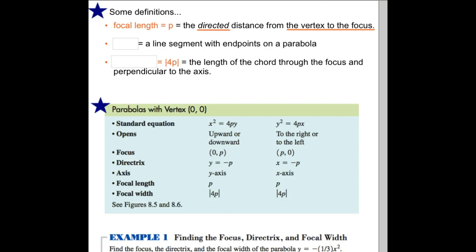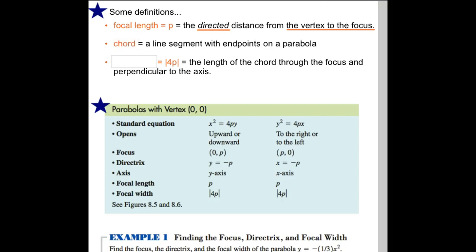It's directed because you have to know, am I moving in a positive direction? Am I moving in a negative direction? Okay. Is p a positive value? Is it a negative value? So it's always being measured from vertex to that focus point. Whether it's moving up, right, left, down, it's still a directed distance.